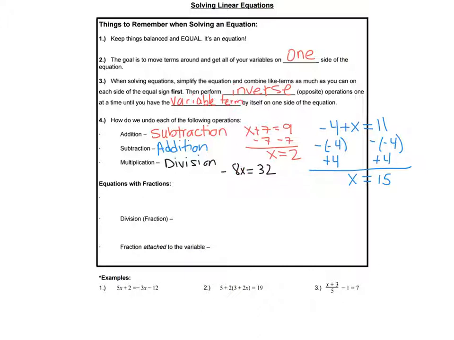So the inverse of multiplication is division, so we're going to divide both sides by negative 8 and see that x equals negative 4. Again, we should always check our work, so if we take our answer and plug it in, it should work out. So negative 8 times negative 4 is positive 32, and it checks.